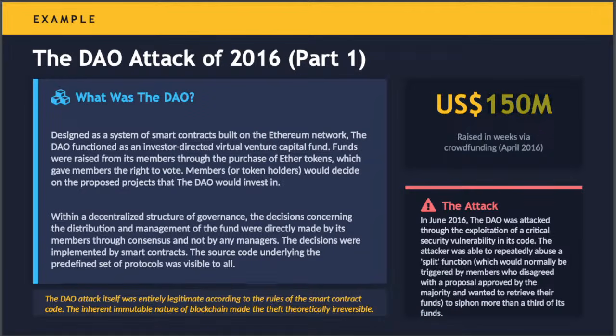So they got a cool 50 million. The DAO attack itself was entirely legitimate according to the rules of the smart contract code. The inherent immutable nature of the blockchain made the theft theoretically irreversible.